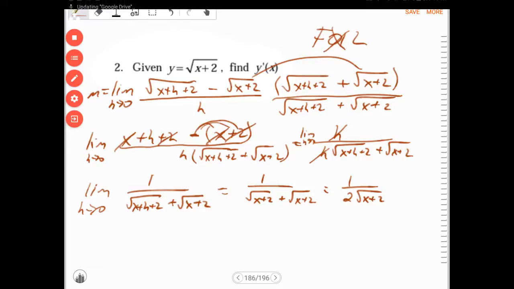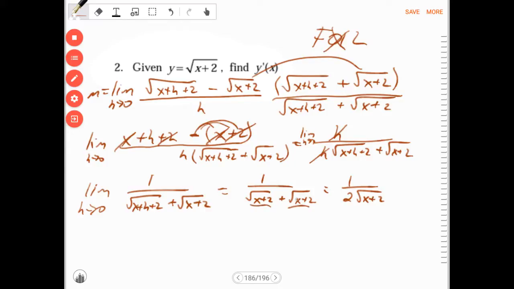If there's two of these things, they're like terms, so we combine them, and there's now two of them. And there we go. There is our slope of the tangent line, 1 over 2 root x plus 2. Wow, that was big.